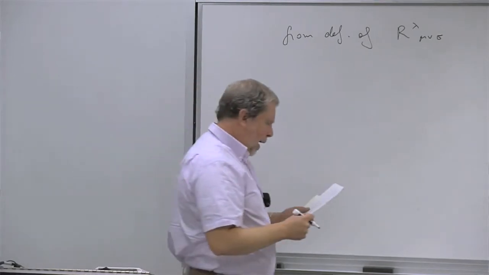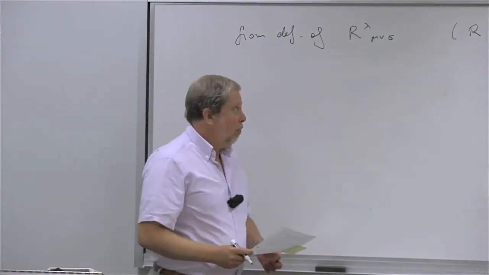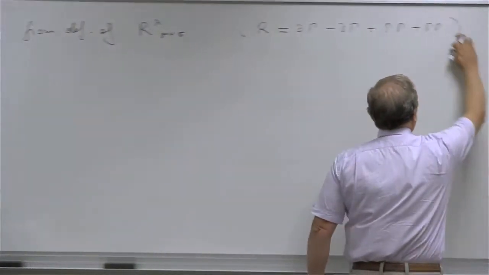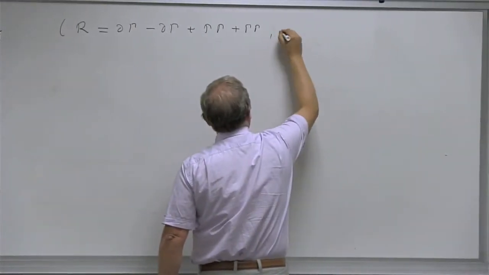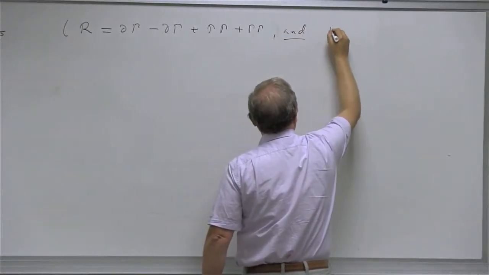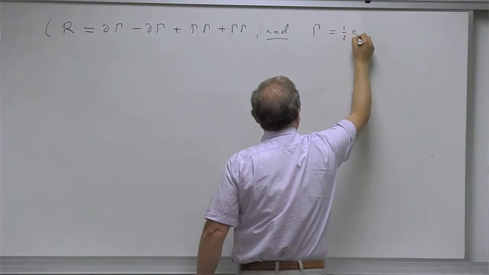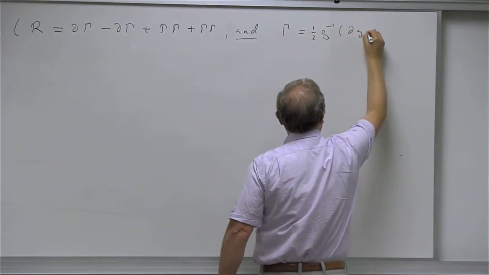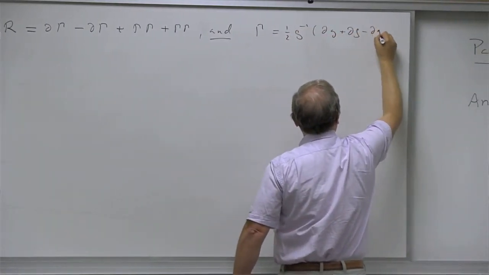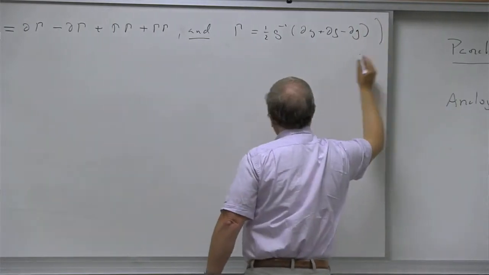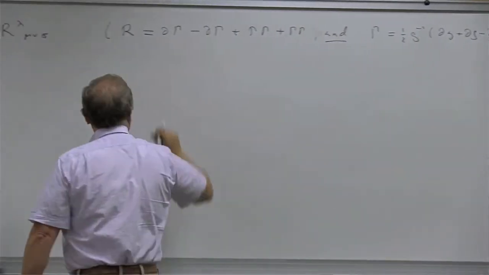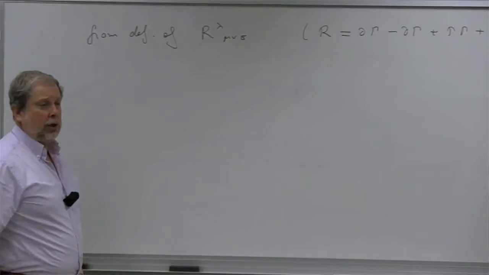And do remember also that gamma was equal to 1/2 g to the minus 1 times dg plus dg minus dg, some combination of that. So you need to stick this in everywhere and then stare at the object for a while.